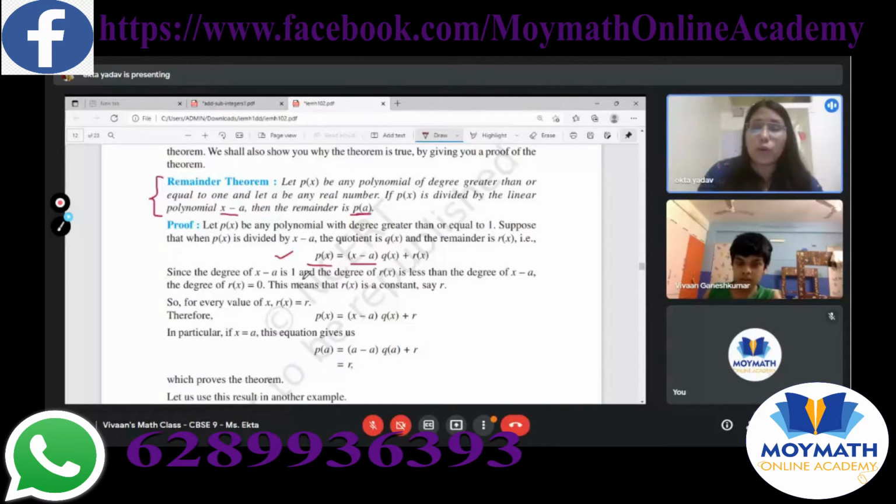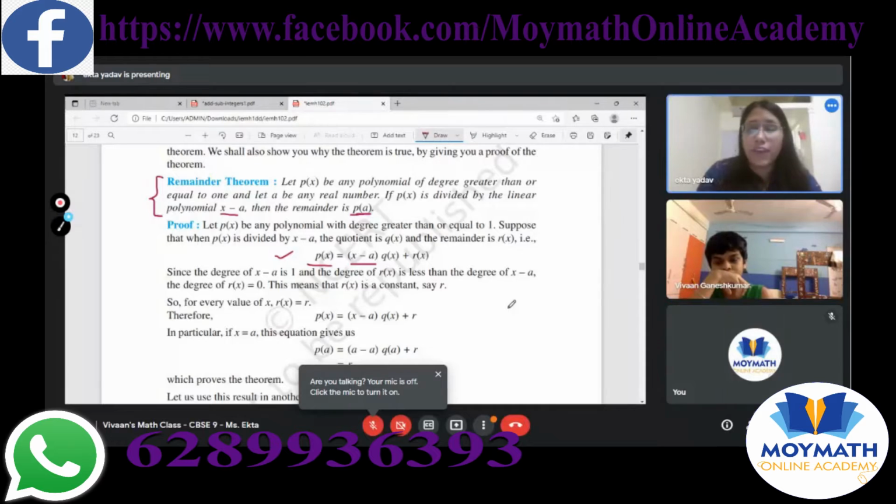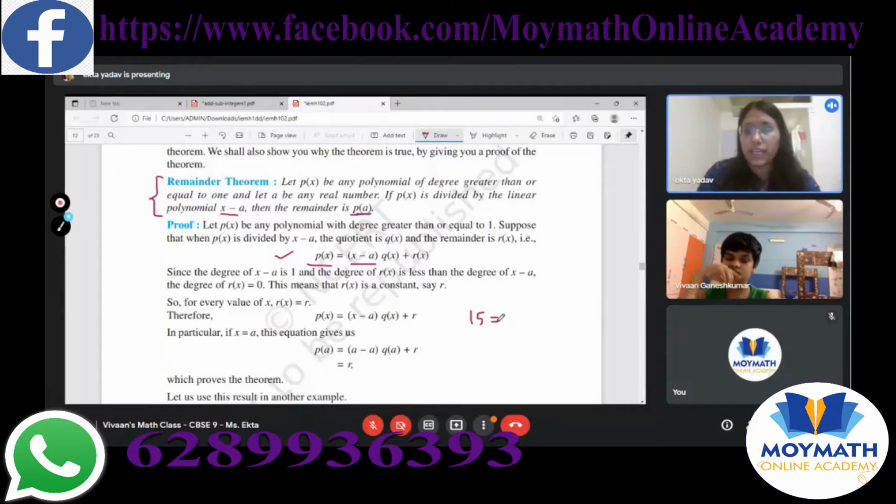Now, what is the degree of x minus a? 1. And when I say any number, if I say 15 is equal to 3 multiplied by 5 plus 0, in this case our remainder is always less than the divisor.